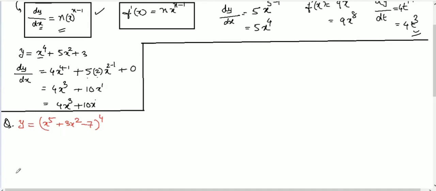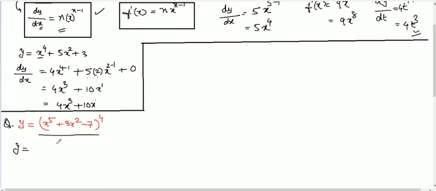How to use the chain rule to differentiate that? This function is said to be a composite function because it consists of two functions composed together. How? See this one.